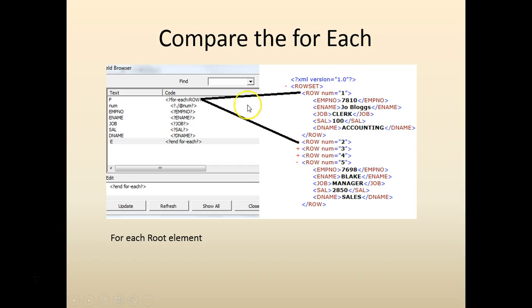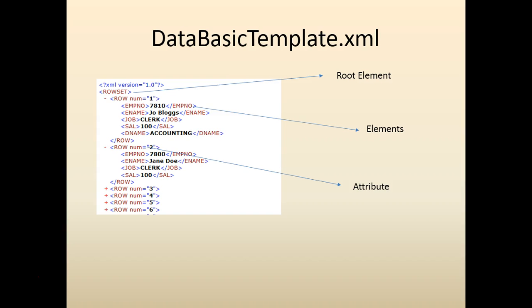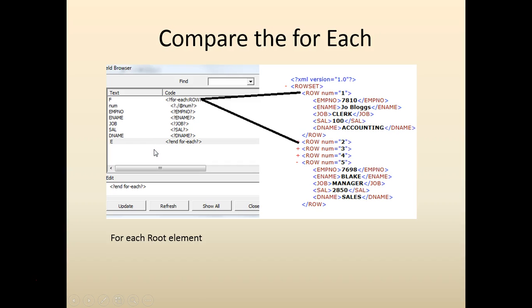If you notice, it says for-each row and end for-each. For-each row is the root element, and you can see it's referring to the number, which is the, let's go back, the attribute. It's referring to the attribute by an at symbol. Notice that it's referring to the attribute symbol.